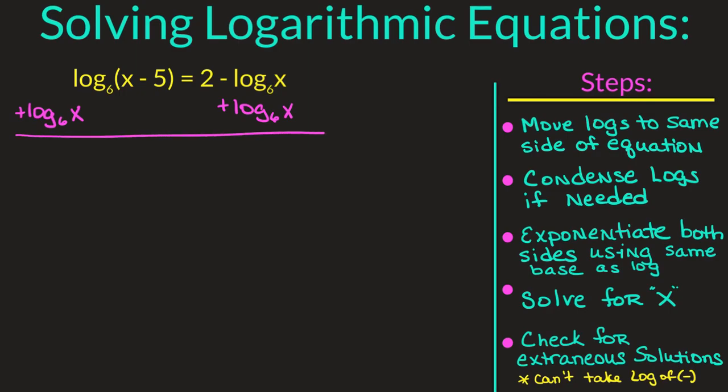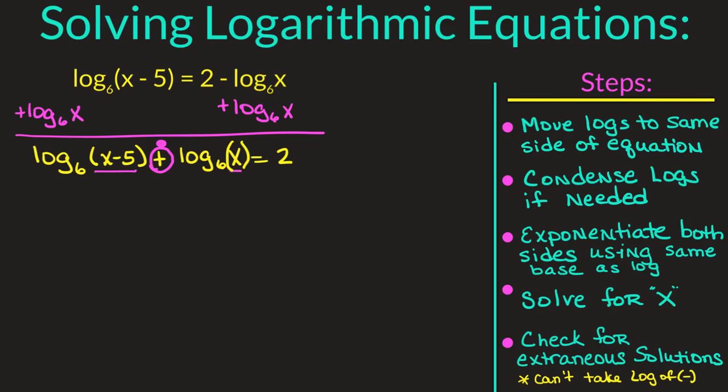This gives me log base 6 of x minus 5 plus log base 6 of x equals 2. So now we need to condense our two logs, because don't forget we have a plus in the middle, which means that we're going to multiply the x minus 5 and the x together.